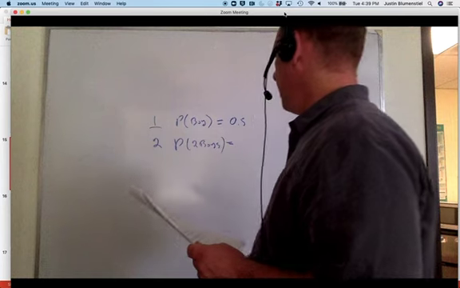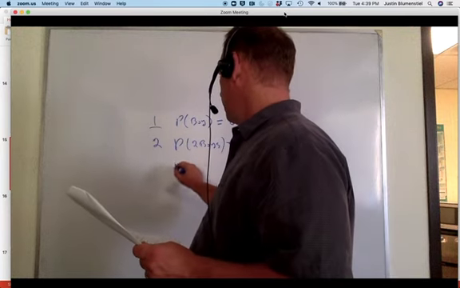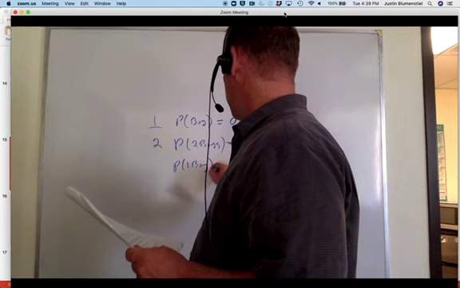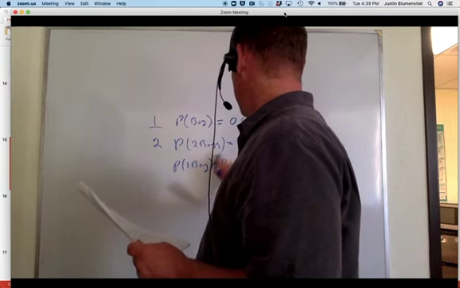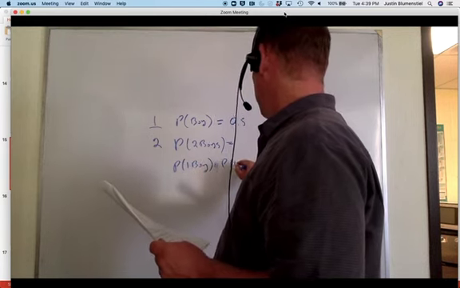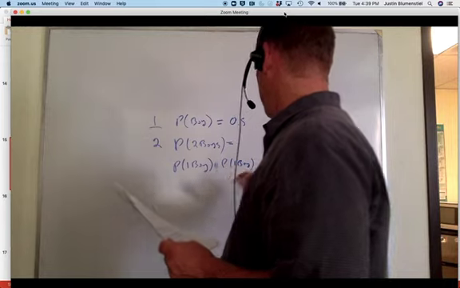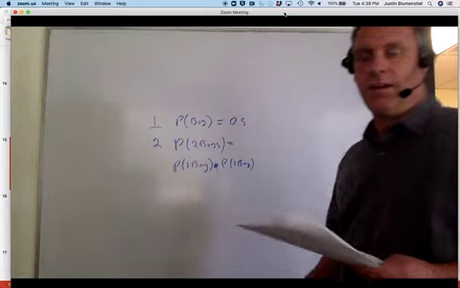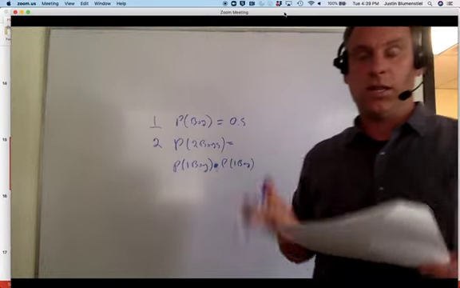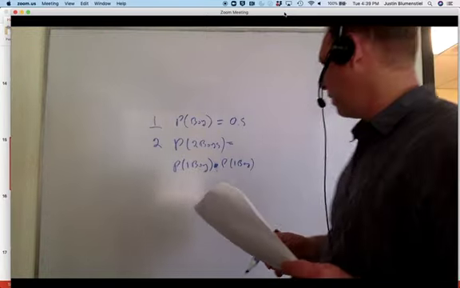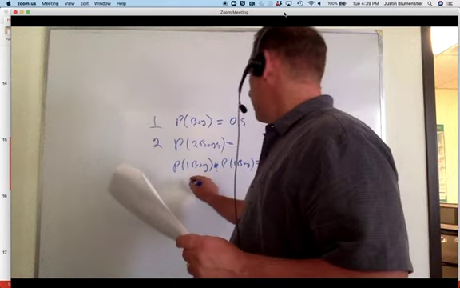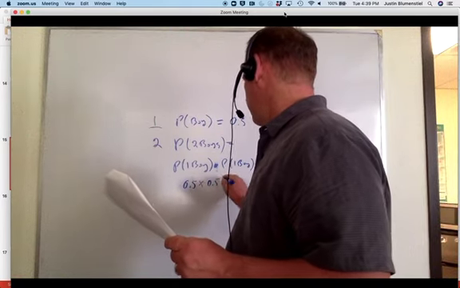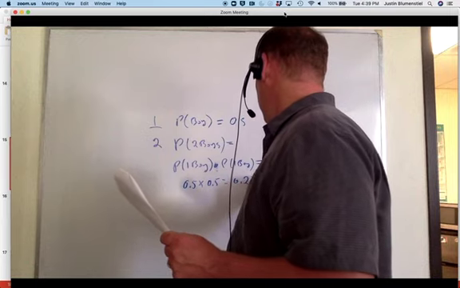So it would be simply the probability of 1 boy times the probability of 1 boy for the second one. You can just multiply those, because the outcomes do not depend on what happened before. So this is simply 0.5 times 0.5, which is 0.25.